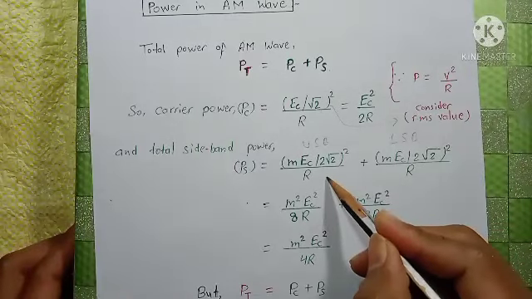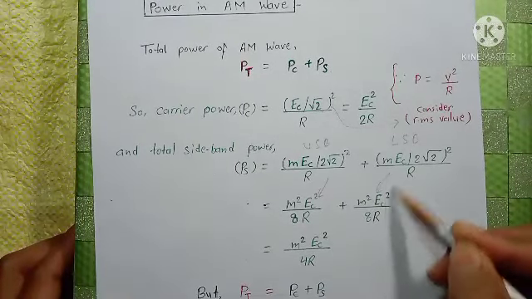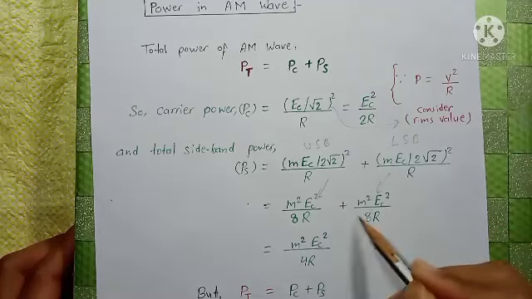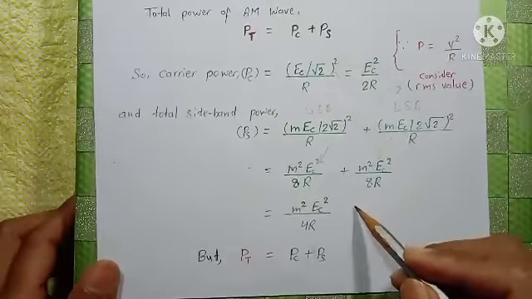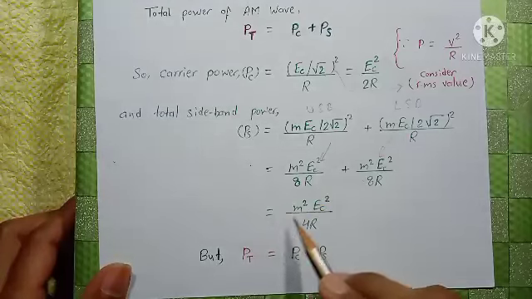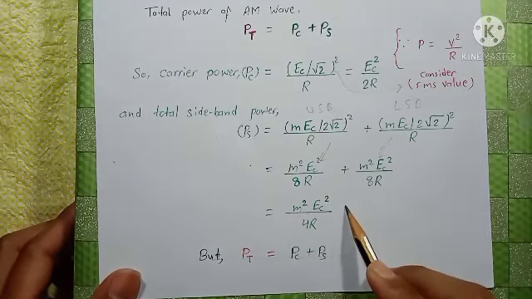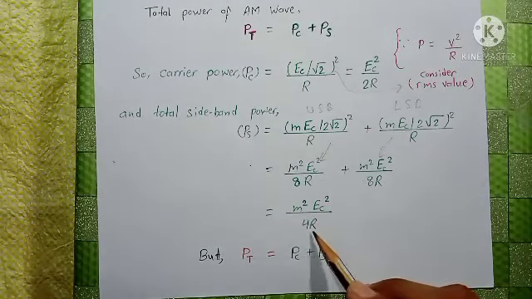Both have the same value, and we will get PS equal to m square Ec square divided by 4R.